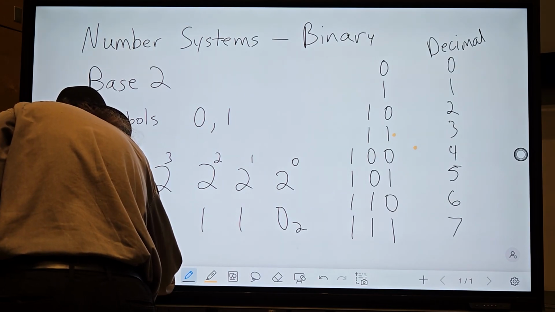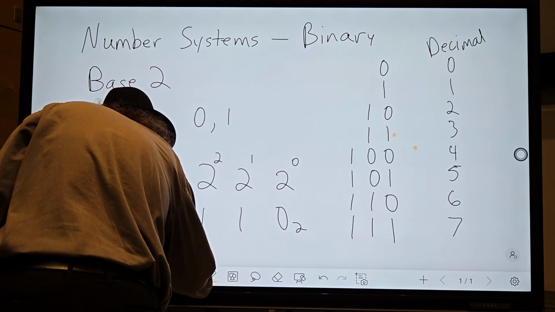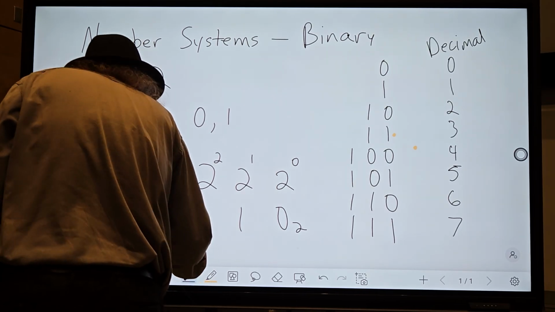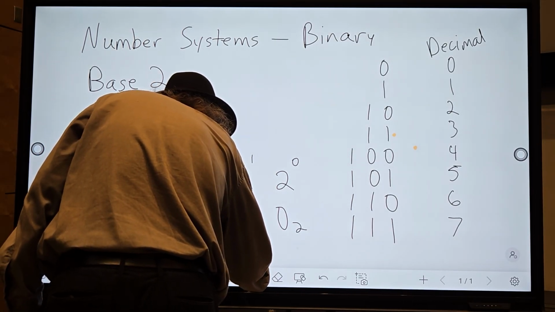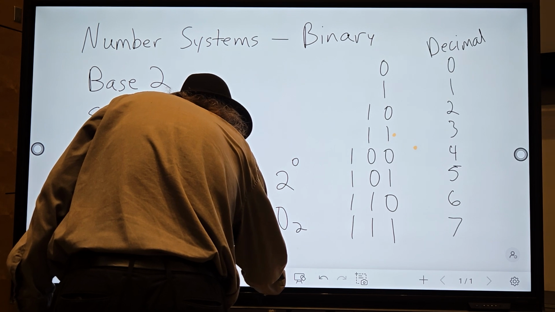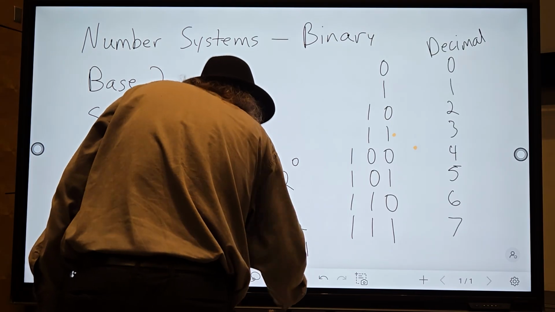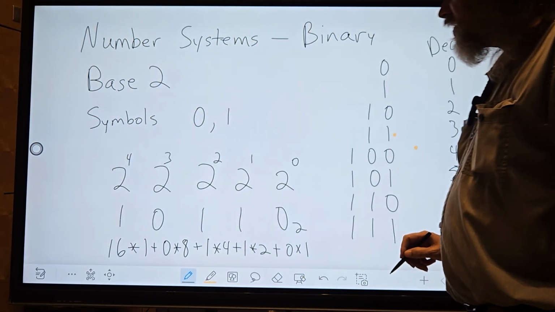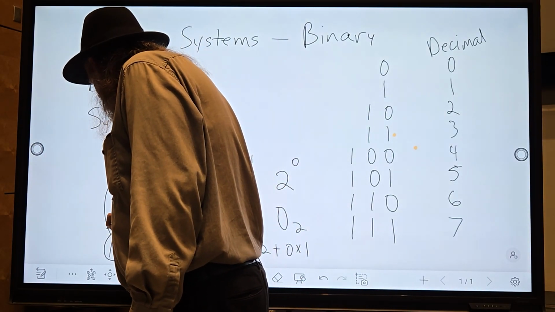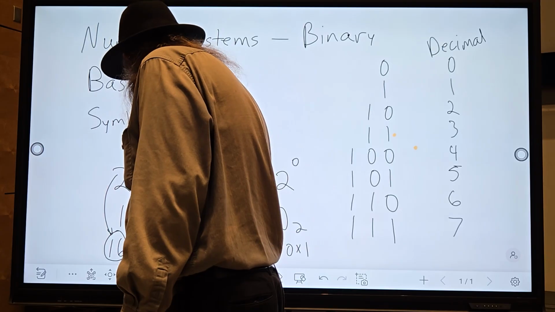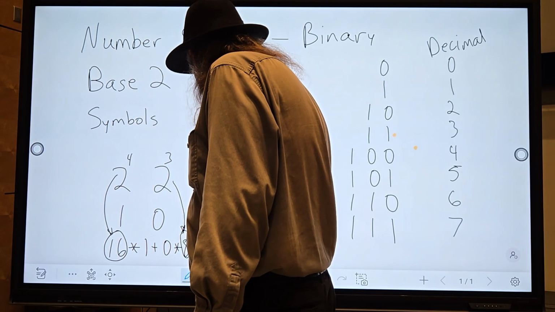So that's 1 times 16, plus 0 times 8, plus 1 times 4, plus 1 times 2, plus 0 times 1. So the 16 is 2 to the fourth. 2 to the third is 8. 2 to the second is 4.